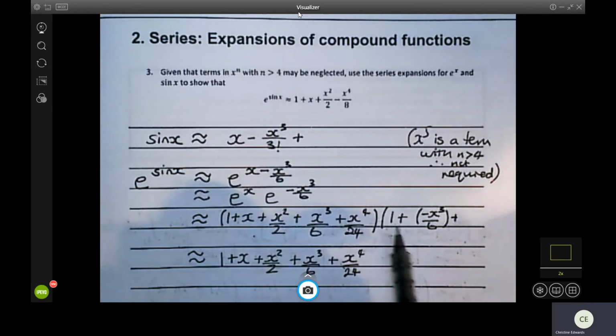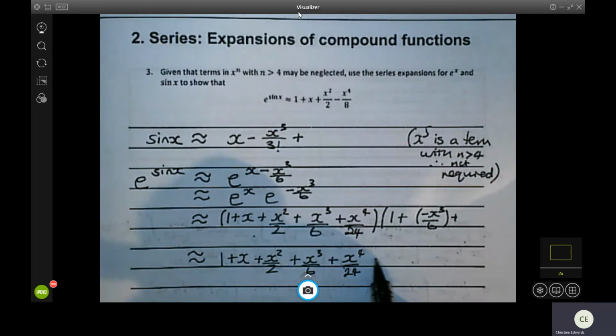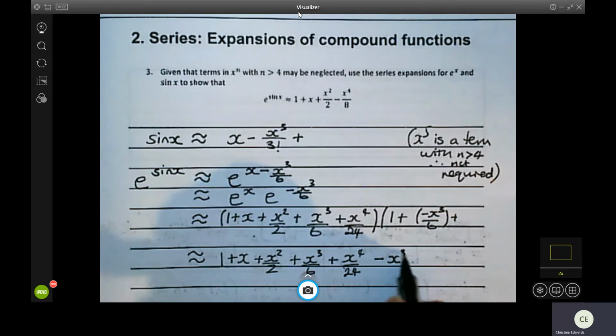I've then got this term times the bracket, and the only terms that I'm going to need from here are minus x cubed over 6, the first one, and the second one minus x to the 4 over 6.